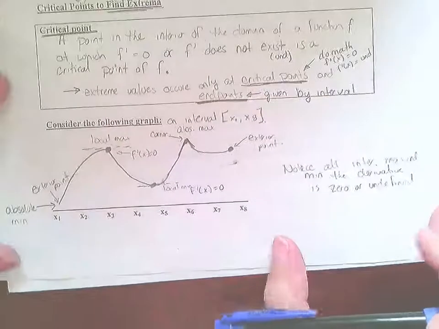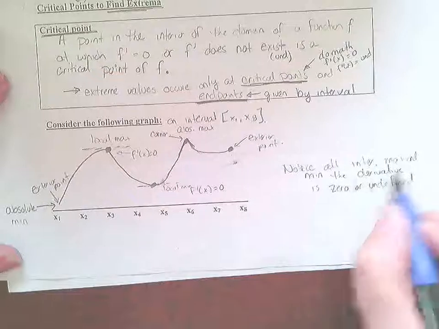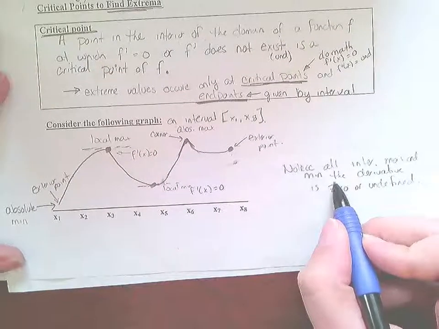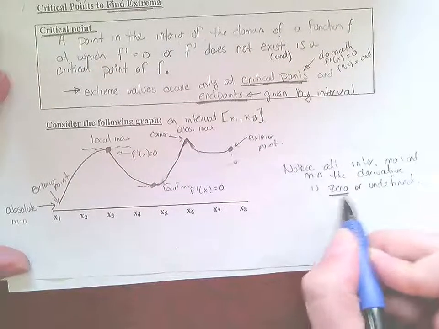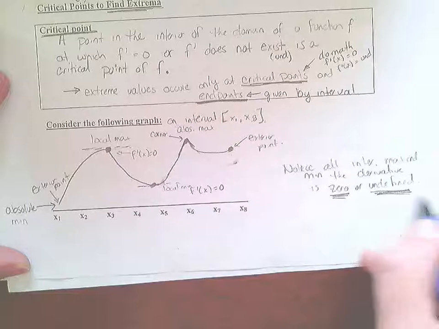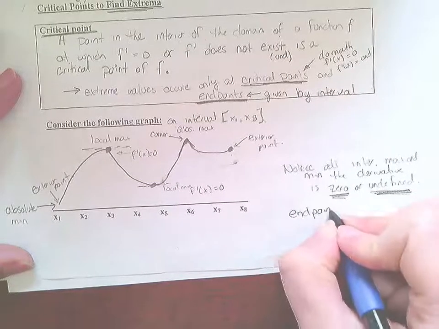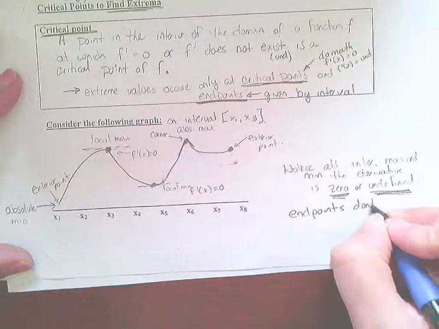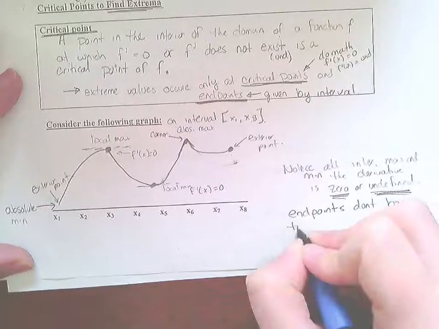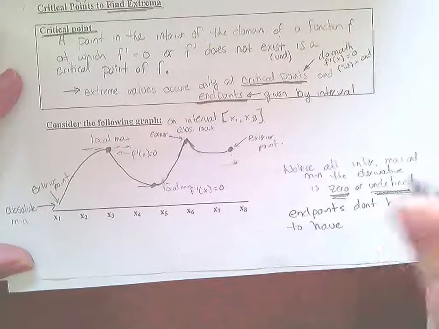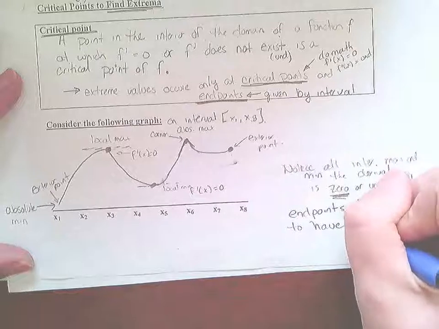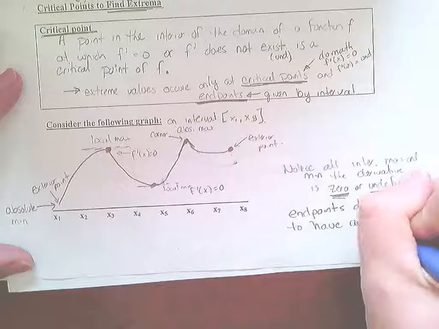What I want you guys to notice is that for all the interior maxes and mins, the derivative is either 0 or undefined. And the endpoints don't have to have an extrema.